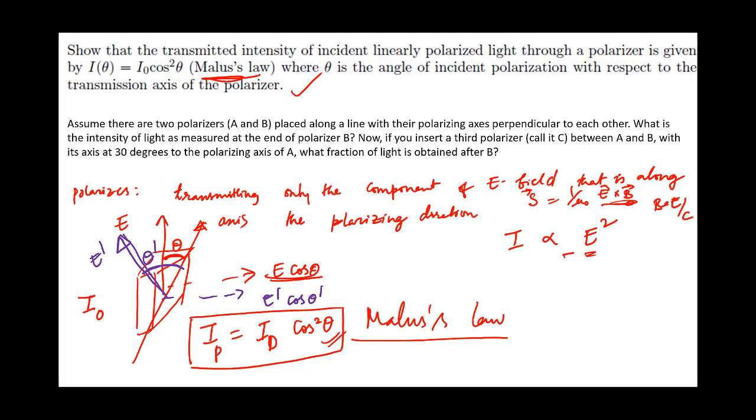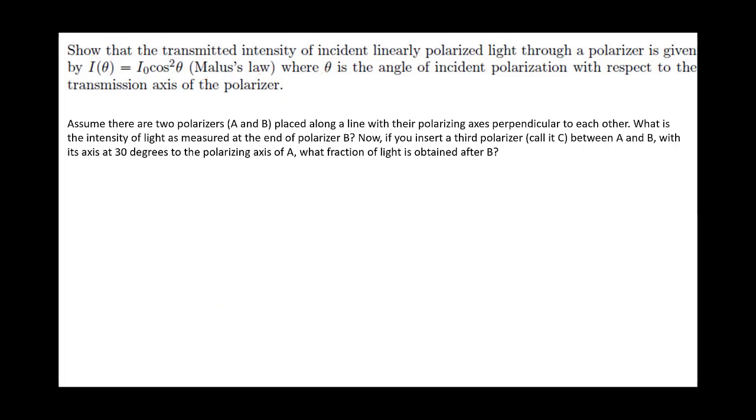So then let's look at the second part of the problem. In the second part, we have two crossed polarizers. Crossed polarizers meaning I have a polarizer, say polarizer A. Let's say the polarizing axis is along the y-axis.